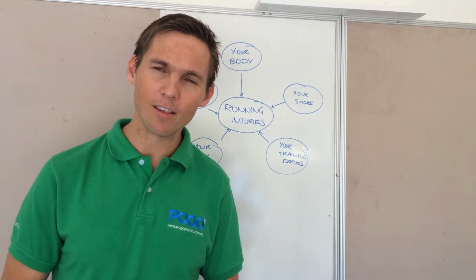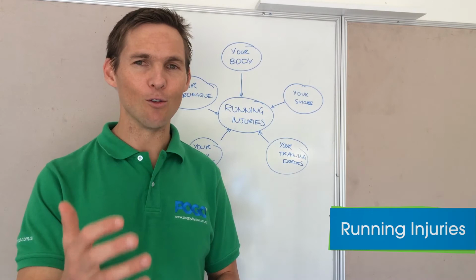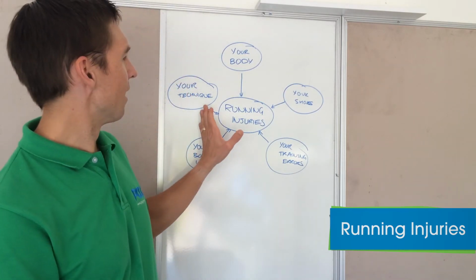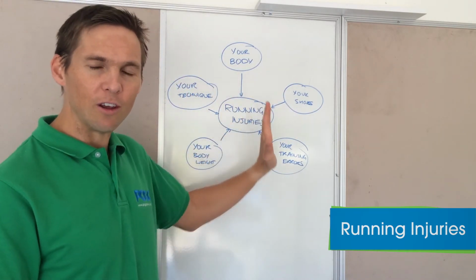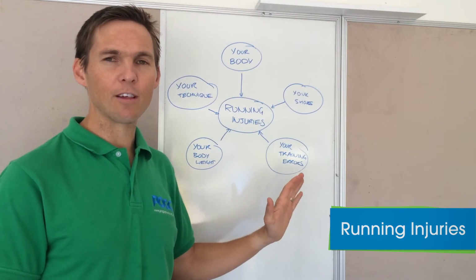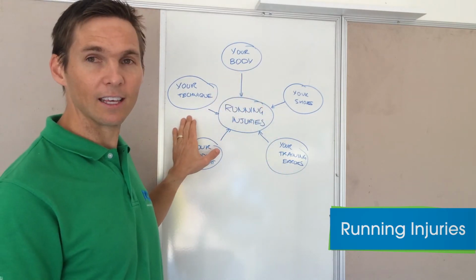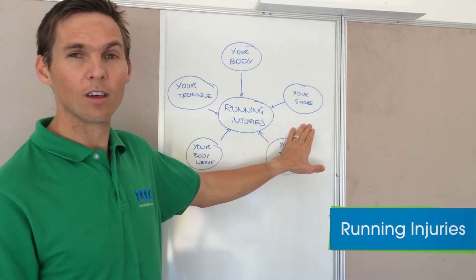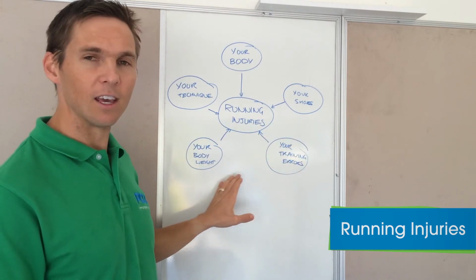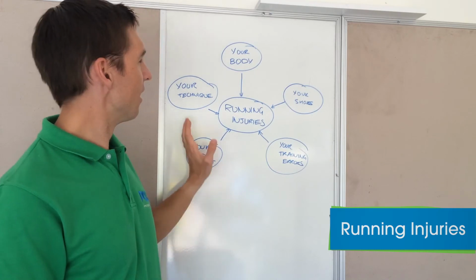So, to summarize, runners, dear runners, fellow runners, there are 5 chief causes of running injuries: your body, your technique, your shoes, your training errors, and your body weight.